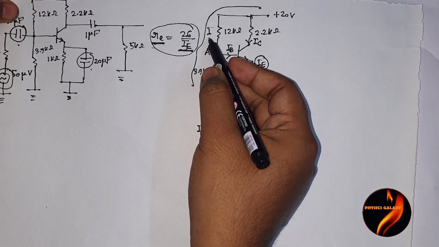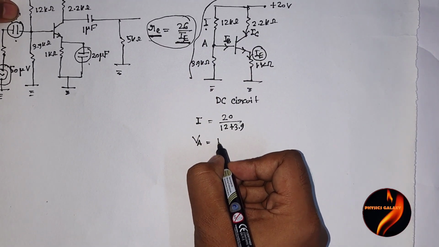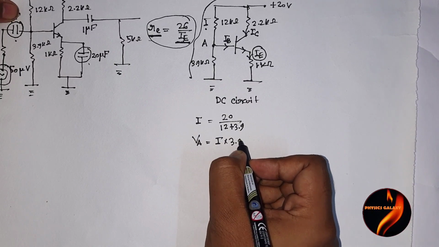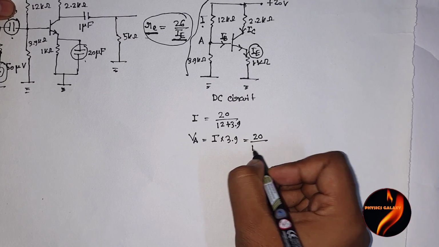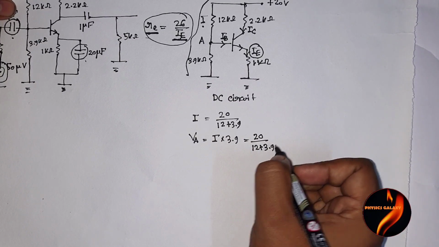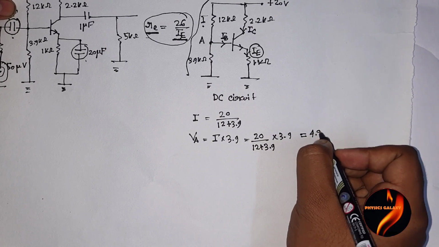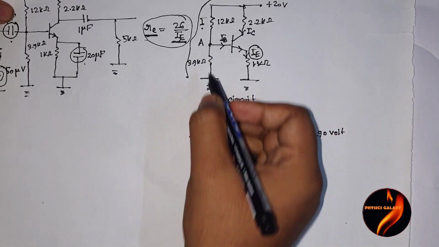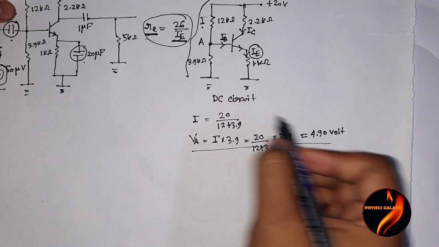So the potential at point A is I multiplied by 3.9, which is 20 divided by 12 plus 3.9 multiplied by 3.9. This gives 4.90 volt.